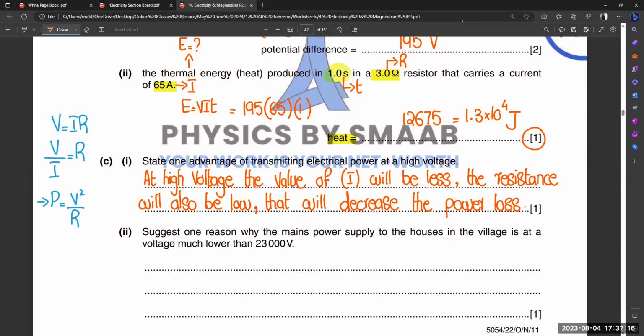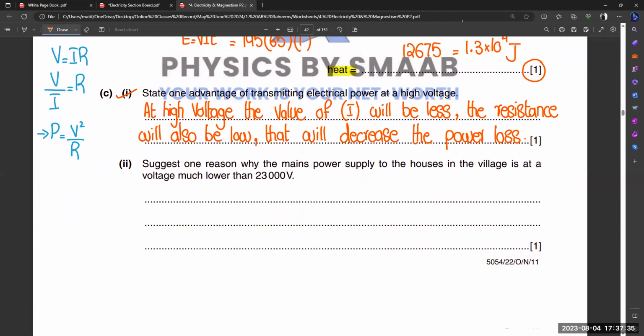This question is mostly asked in many papers. You will find this question for 1 mark, 2 marks, even for 3 marks, because this topic is also included in our next chapter, practical electricity. So we will discuss this second part with the next chapter, because this concept is related to practical electricity.